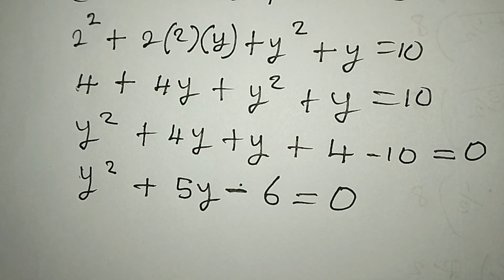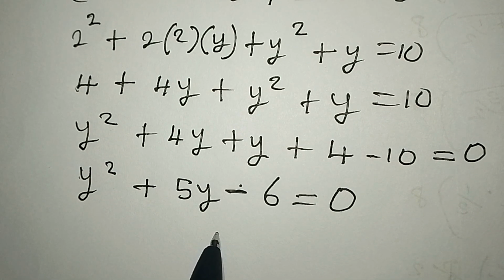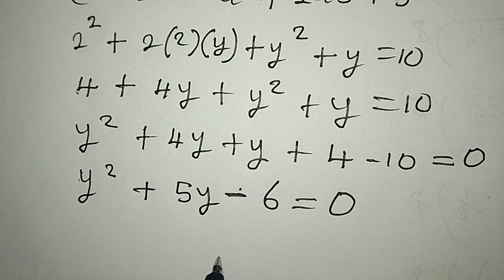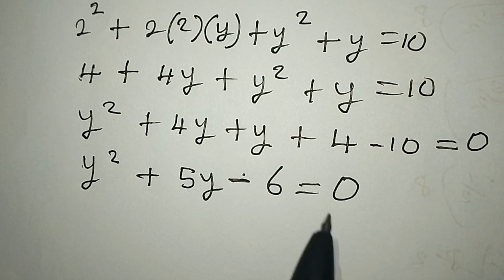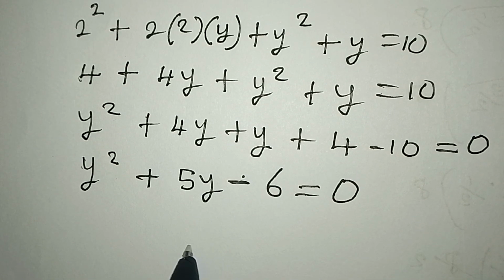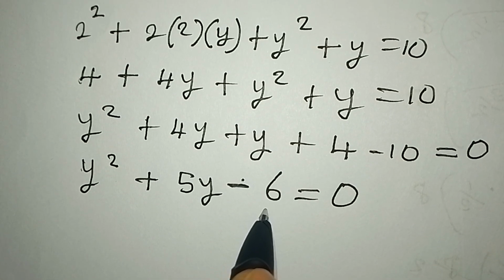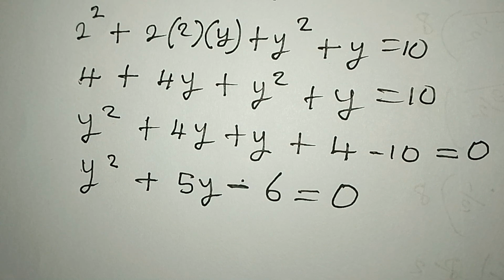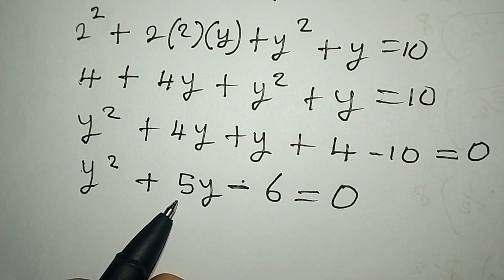So here is what we are going to do. We will use the factorization method for this, but trust me, every other method can still work, right? Now, if we are going to factorize this, we look for two numbers that multiply to get minus 6 and add together to get 5.